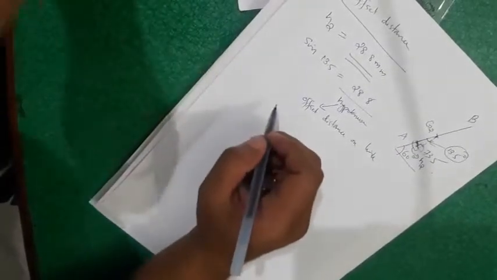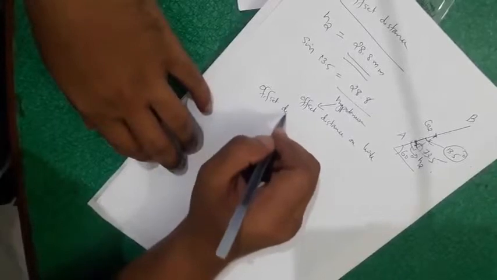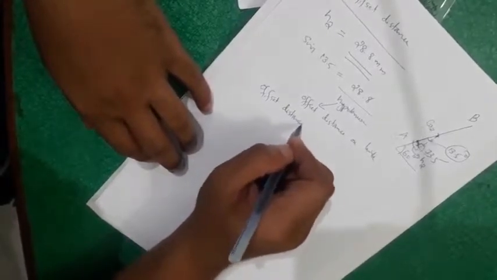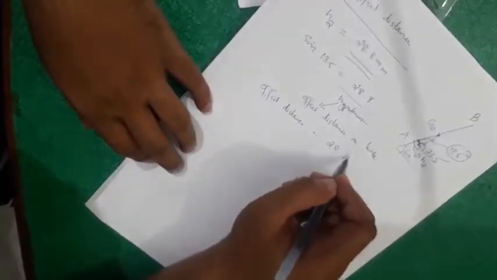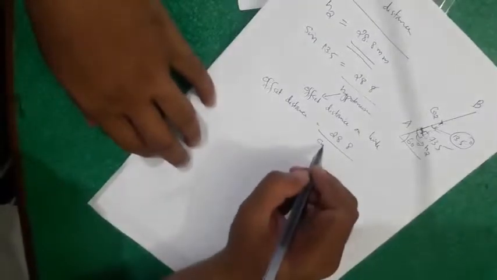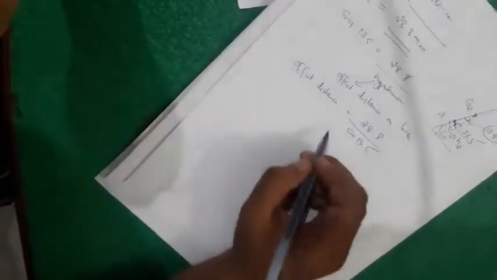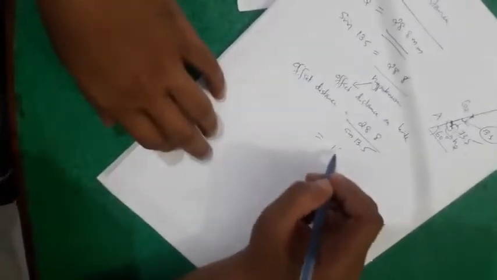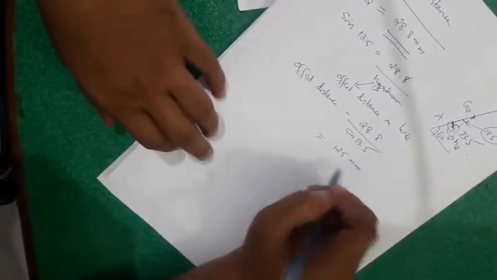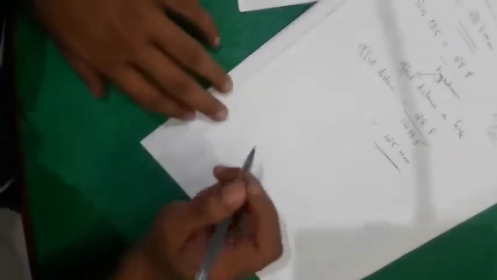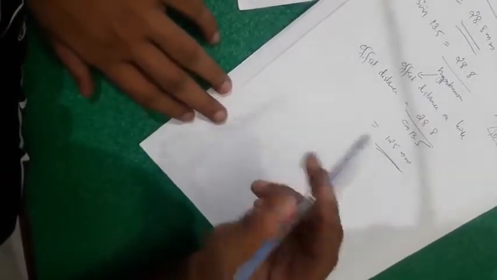So the offset distance equals 28.8 divided by sine 13.5. It will be 125 mm.